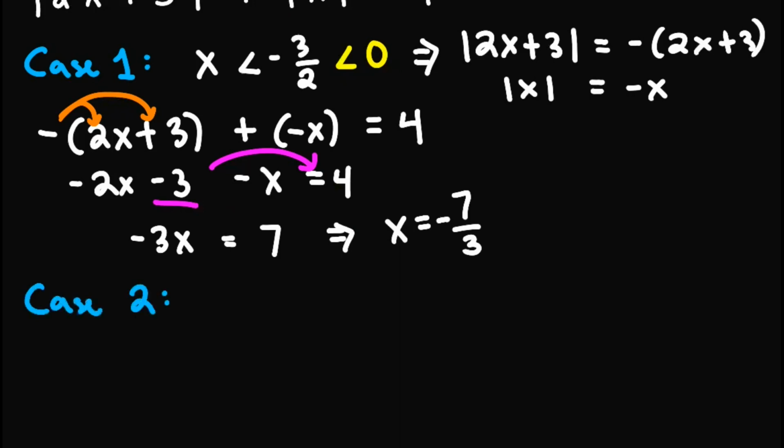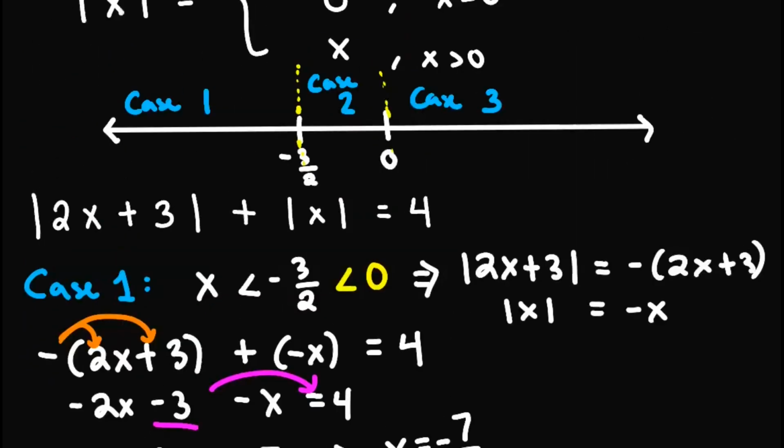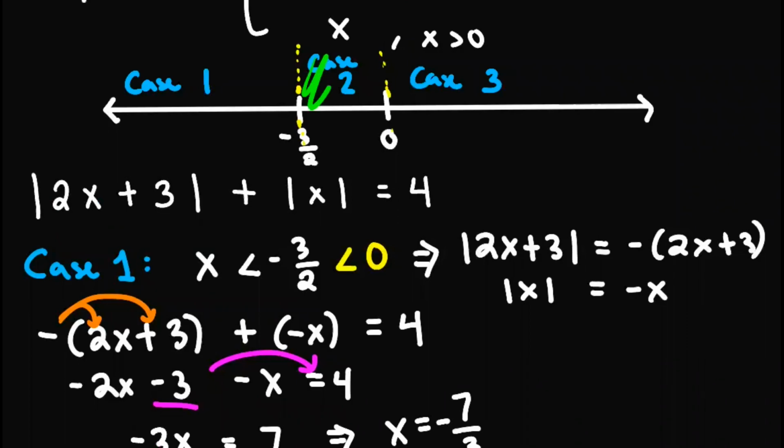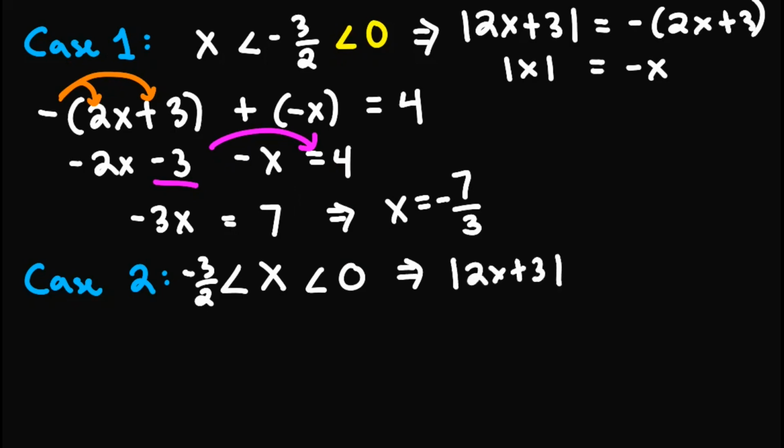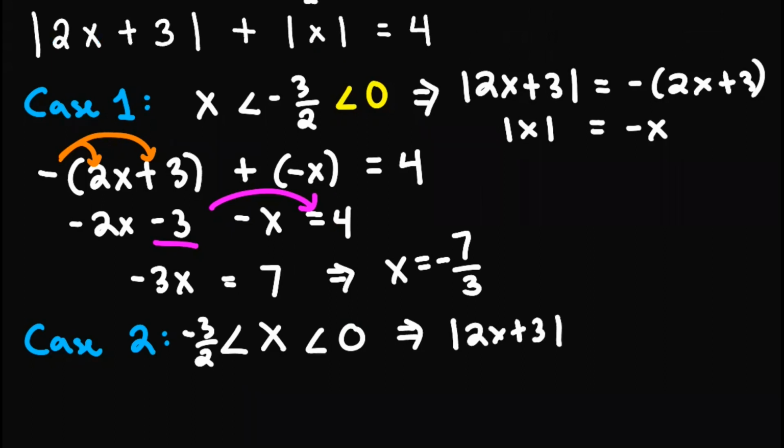For case 2, we have, let's call it out here, this region out here. So that will be from -3/2 to 0. So we have here x is between -3/2 and 0. So at this region, or at this interval, 2x plus 3 is now served at this one. x is greater than -3/2.